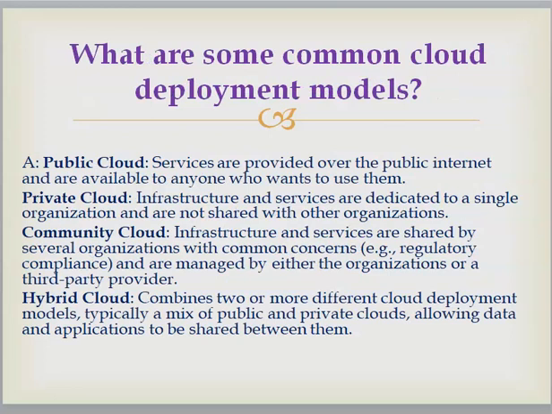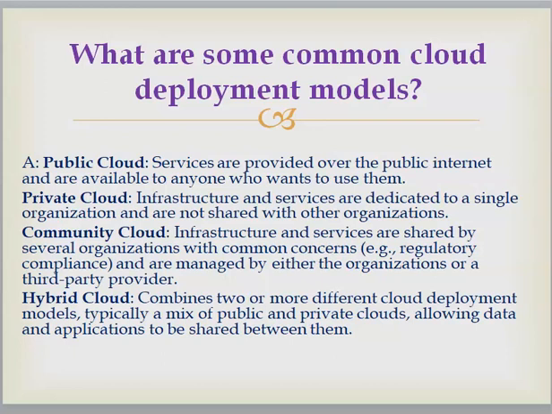What are some common cloud deployment models? Answer: Public cloud services are provided over the public internet and are available to anyone who wants to use them. Private cloud infrastructure and services are dedicated to a single organization and are not shared with other organizations.